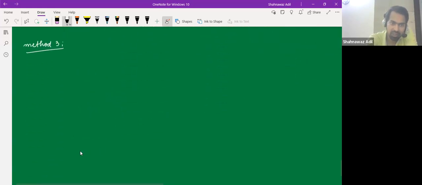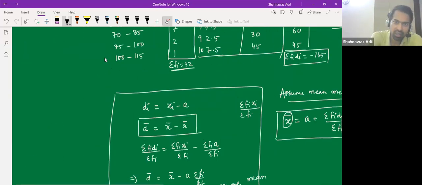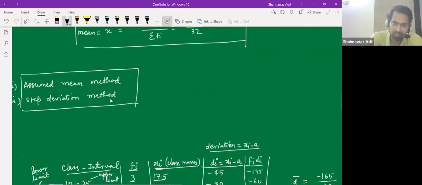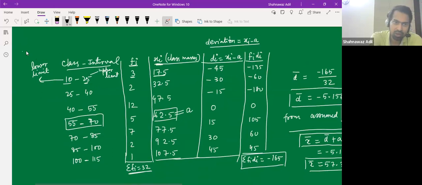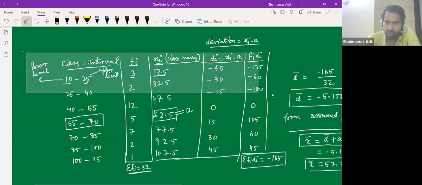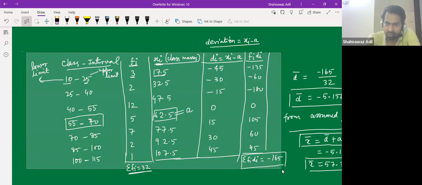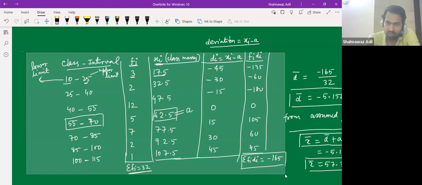Yeah. So the next method is that what you do is you have these. Let me take this data and then I will show you the step deviation.